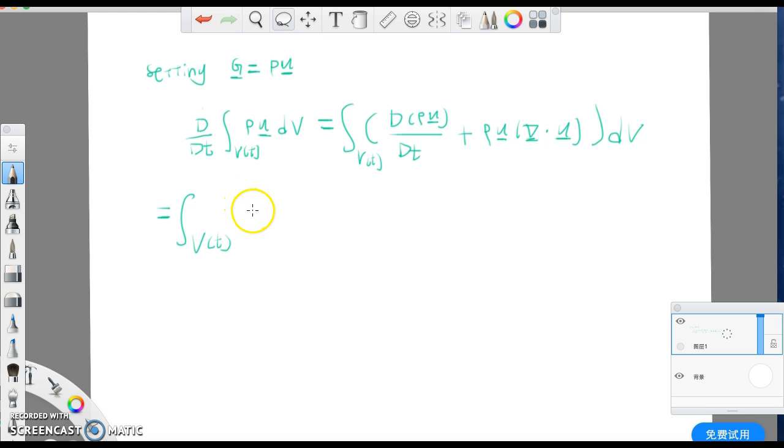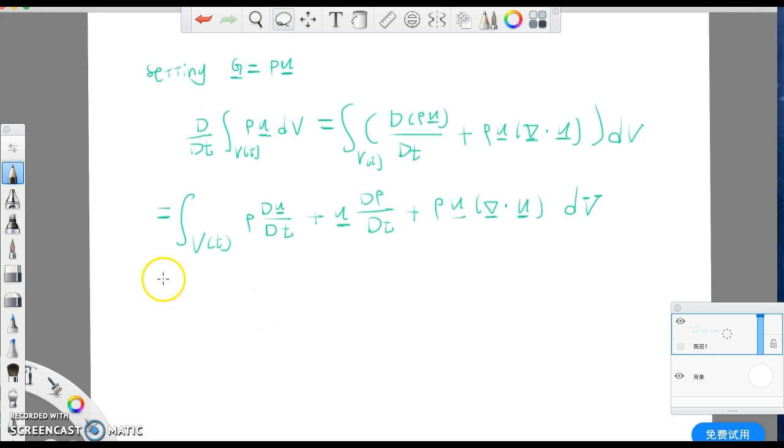Then you have rho du by dt plus u d rho by dt, right, and plus rho u divergence of u dV.